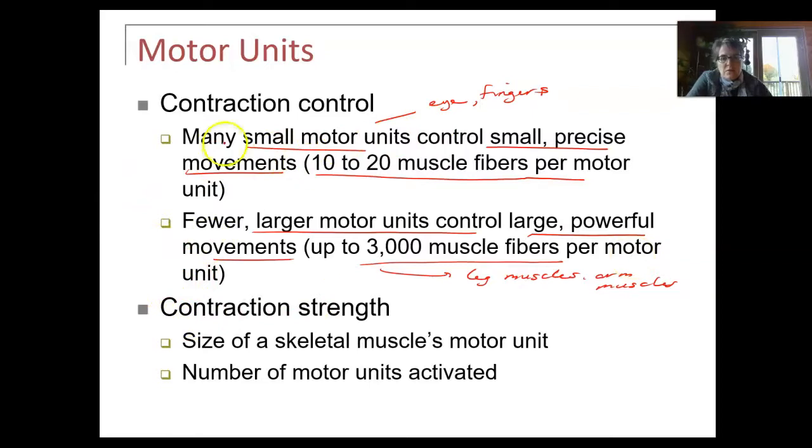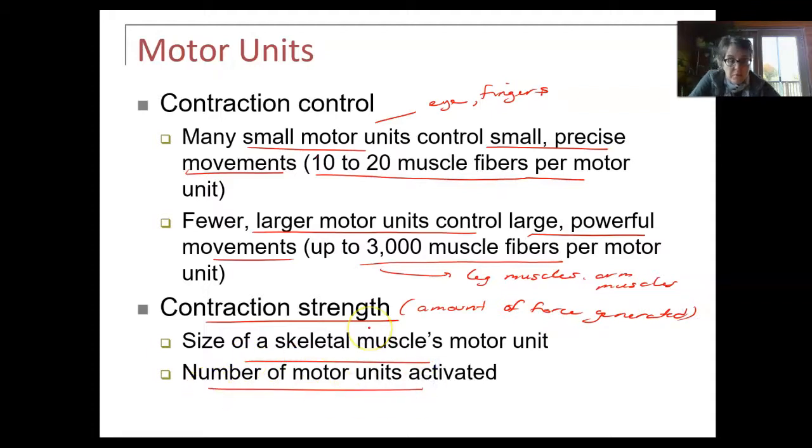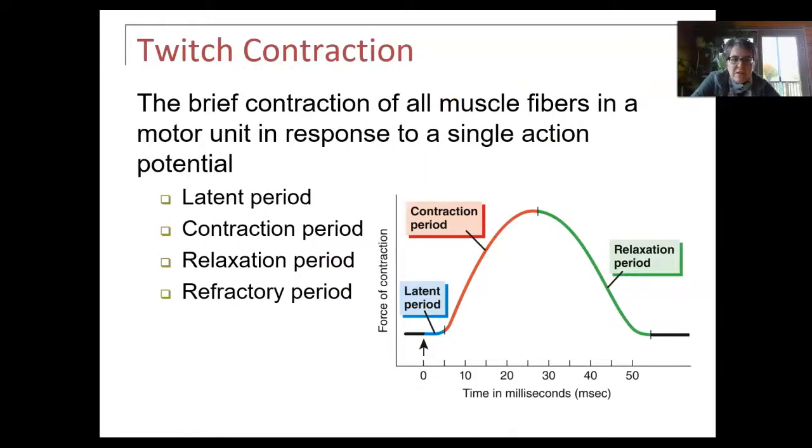So you could have smaller ones, you could have larger ones. Regardless, your strength of contraction, the amount of force generated, is going to depend on the size of the motor unit and the number. One, how big is it? How many muscle fibers does it contain? And two, how many motor units have I innervated?